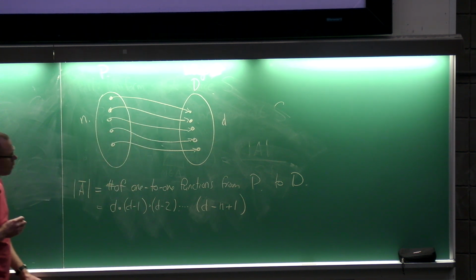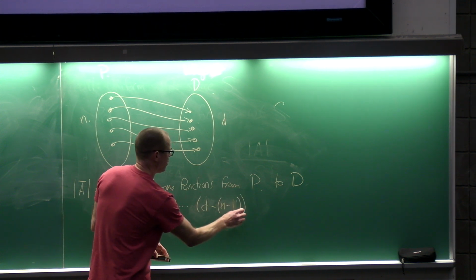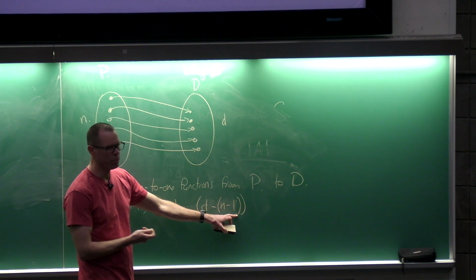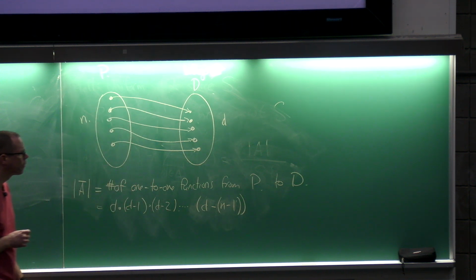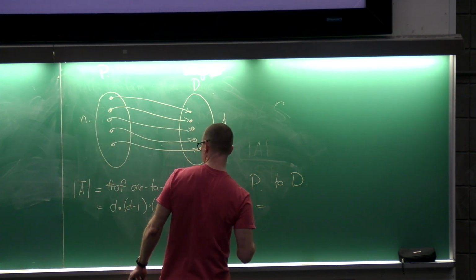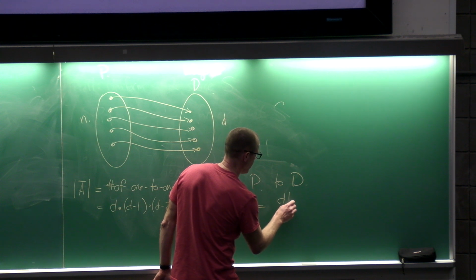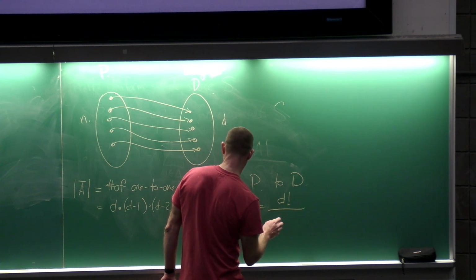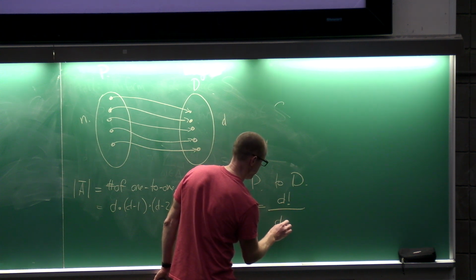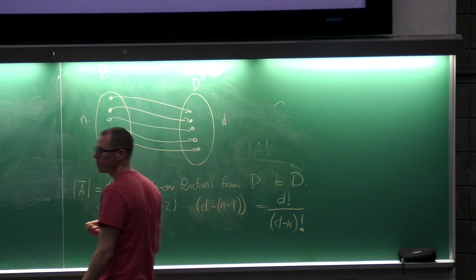Or if you like, you can pick any day that the N minus 1 people that came before did not pick. And so we have a way to deal with these things. This is D factorial over D minus N factorial.